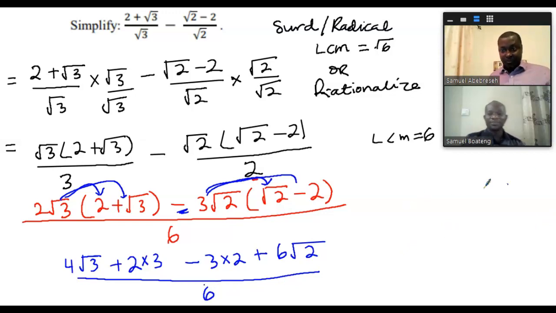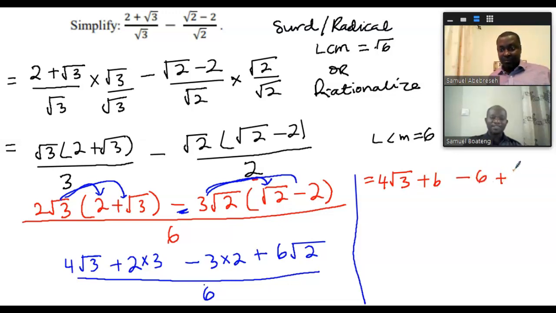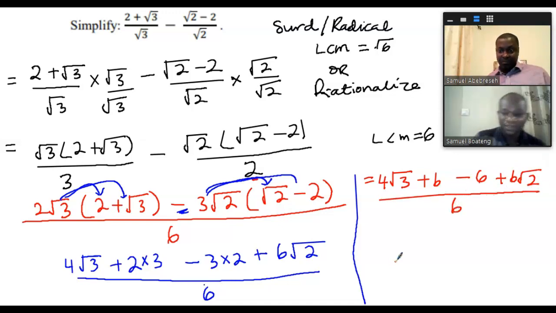So let's come to it: 4 root 3 plus 6 minus 6 plus 6 root 2 over 6.